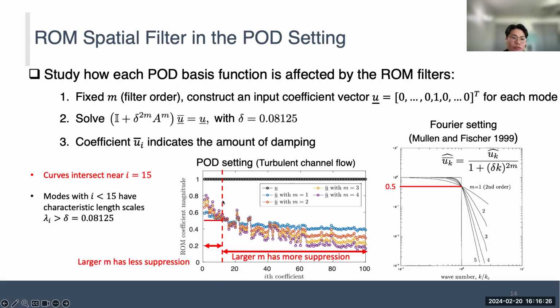On the left side of this vertical line, a higher order filter has less suppression, and on the right, higher order filter has more suppression. And the fact that the curves intersect near i equals 15 indicates that mode numbers less than 15 have characteristic length scale greater than the delta we choose here, which is 0.08.